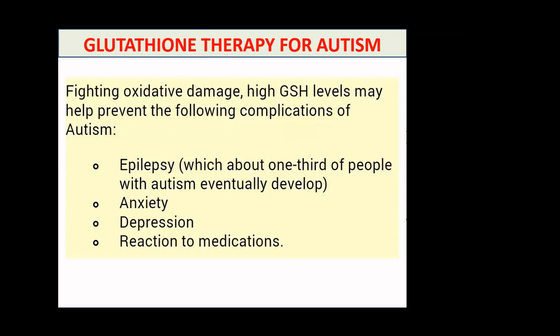Those who have used boosting glutathione as a treatment of autism have found that the treated children had less epilepsy, and epilepsy can be seen in about 1/3 of those with autism. They have less anxiety, less depression, and less reaction to their medications.